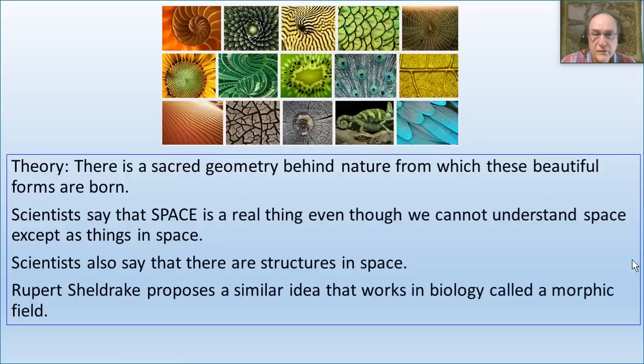And more recently, scientists are suggesting that this space, similar to the idea of an ether or an astral world, this thing behind our reality that we live in, has structures in it. And I have an entire video called A New Theoretical Framework for Astrology. And I quote the statements from the scientists that there are structures in space.